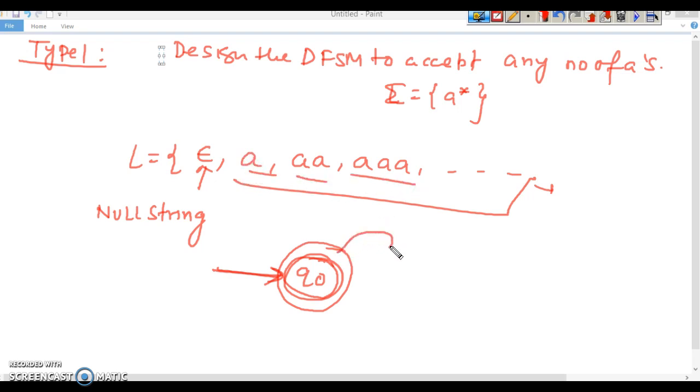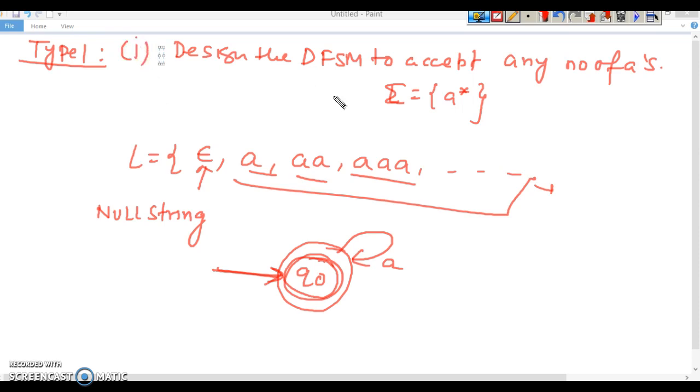Here I will make a loop on A, and it will accept anything. Consider if I give 1000 A's, or 1, 2, 3, 4, 5 up to 100, everything should be accepted. This is the type 1 first problem.